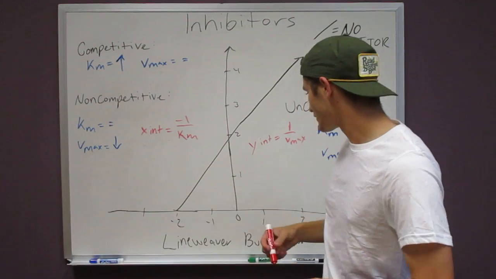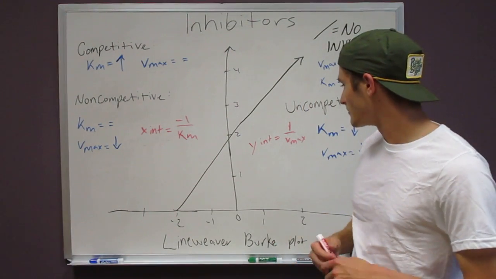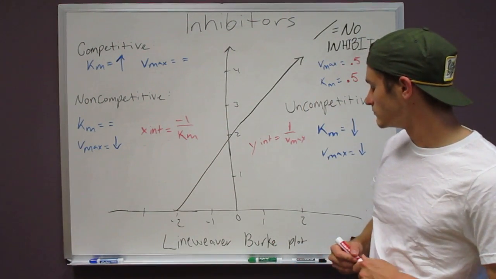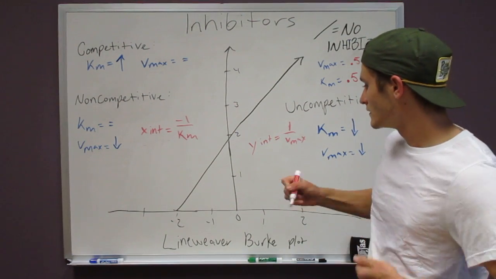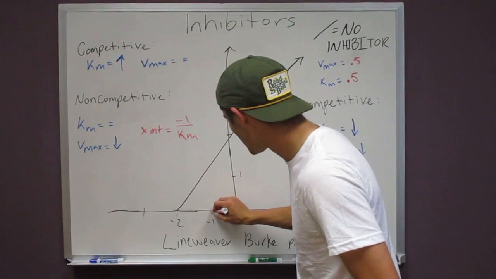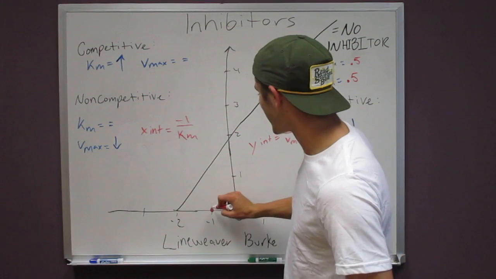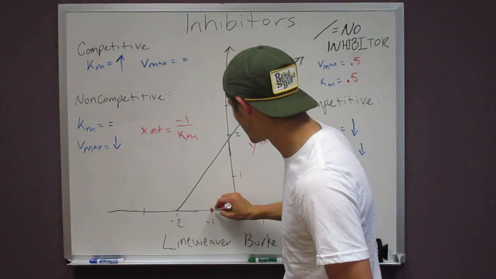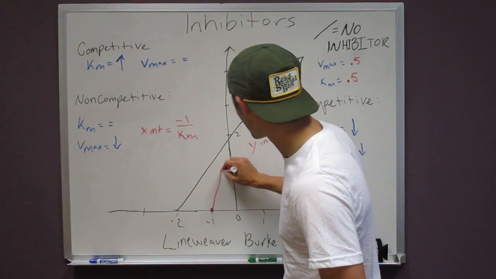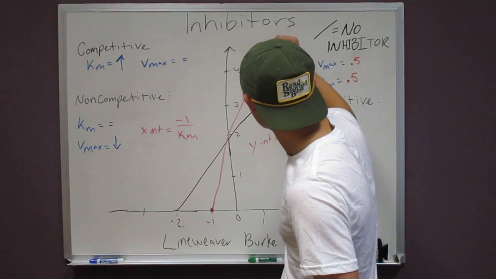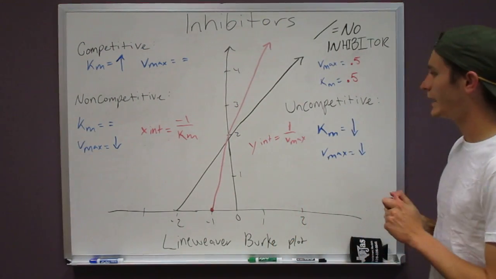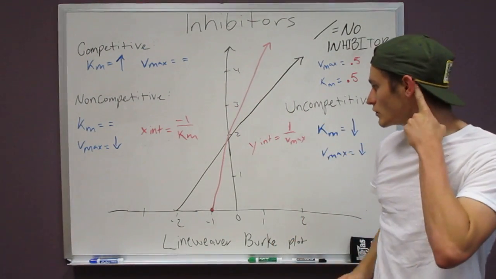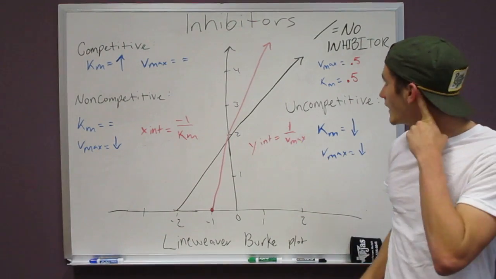I'll show that line in red. So we have a greater Km. I'll show you why this makes sense right now. So here's what a competitive inhibitor will look like when compared to a no inhibitor.